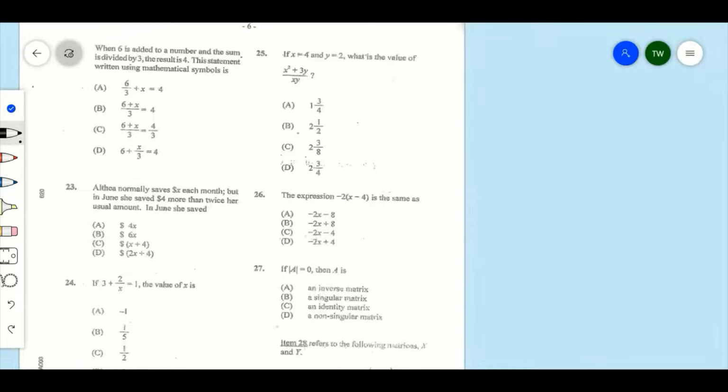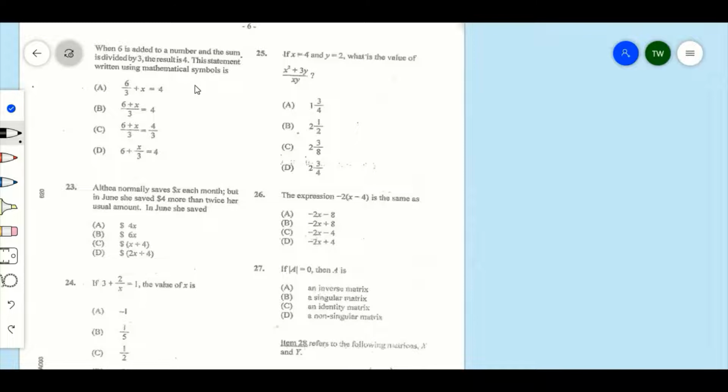Question 22. When 6 is added to a number and the sum is divided by 3, the result is 4. This statement written using mathematical symbols is, now first what you can do is try to write what this statement is saying. So it says when 6 is added to a number, right, and the sum is divided by 3, the result is 4.